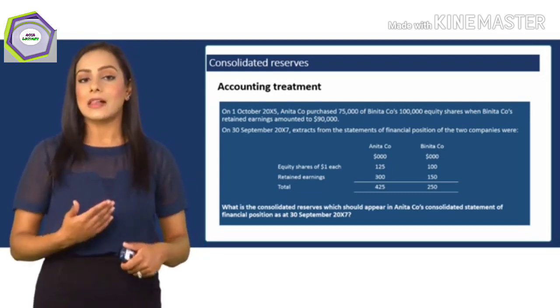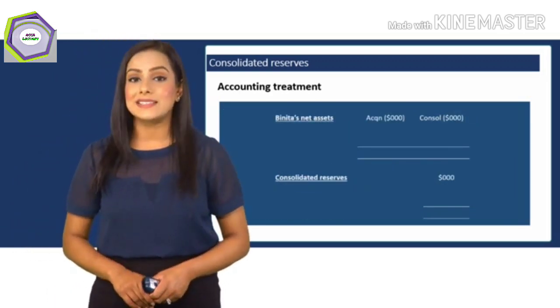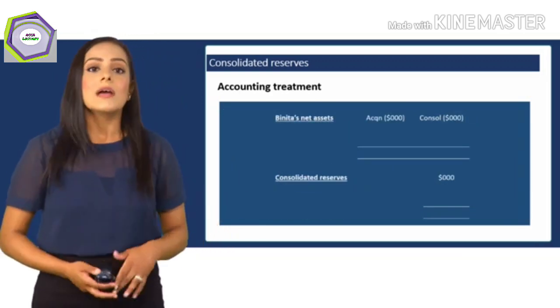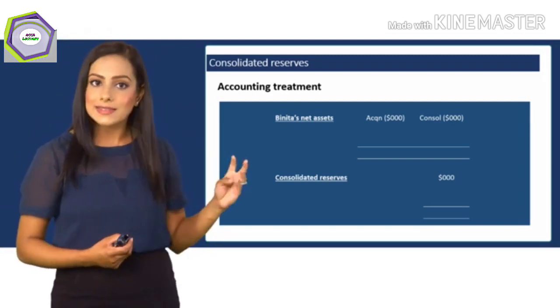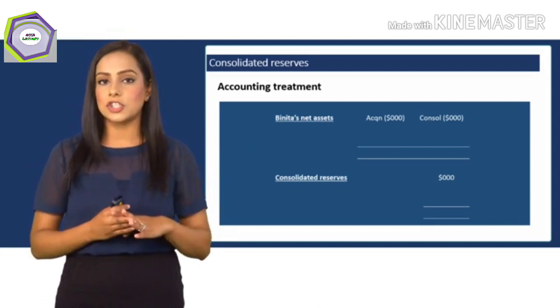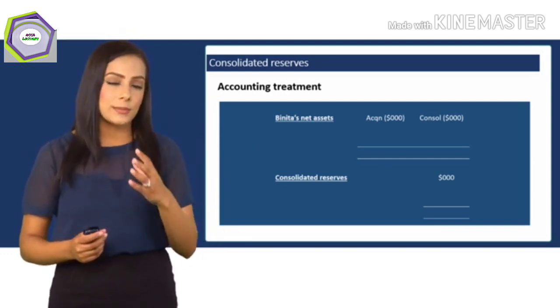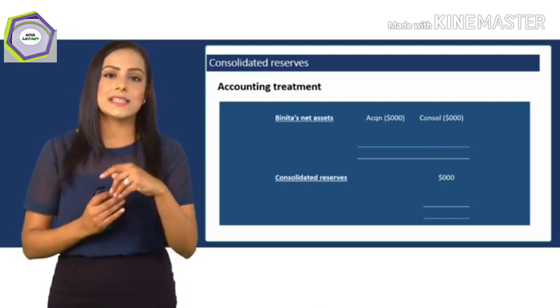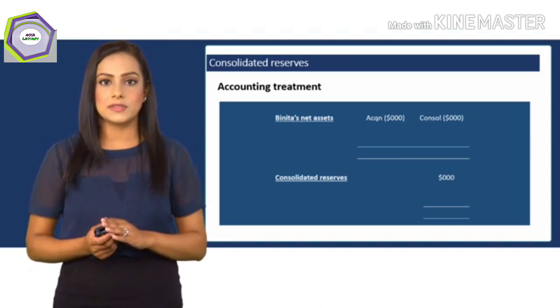So in order for us to calculate what the consolidated reserves are, we need to prepare Benita's net assets. Benita's net assets will be shown at two points in time, at acquisition and at consolidation. The net assets show share capital, share premium, retained earnings, any adjustments, any depreciation, and any PUP adjustments.